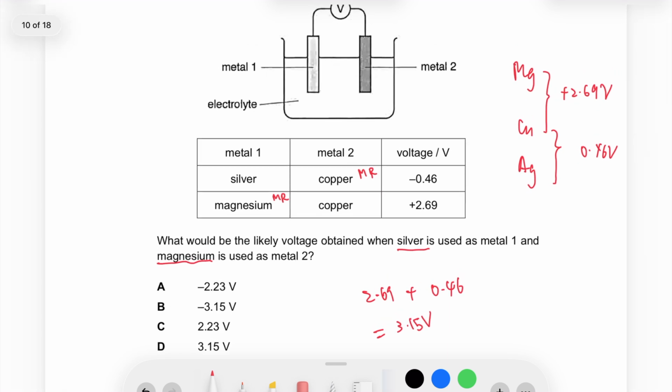You have to see carefully. When your metal 1 is less reactive, metal 2 is more reactive. So if your metal 2 is more reactive, meaning in this case magnesium, and this one will be silver, your answer will be negative 3.15 volt. This and this are very similar because for metal 1, both are silver. So that's how you see it. The answer should be B.